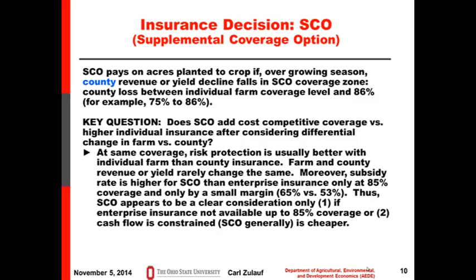This is called basis risk by economists. It's a very important feature. Basis risk is very real, even in the smaller counties in Ohio. So when one buys county insurance, one has to understand that I am insuring the county, not my individual farm, and that my individual farm may well suffer a loss and I may receive no payment.